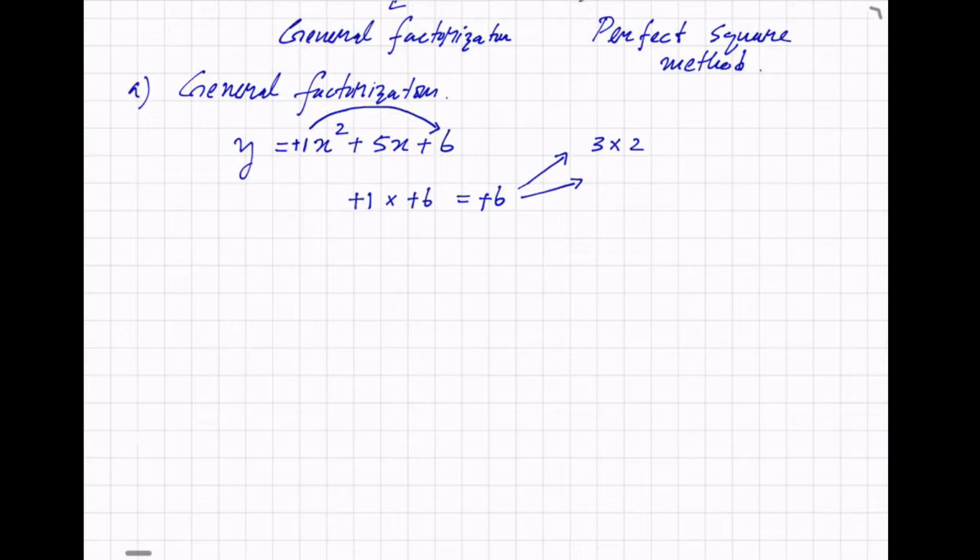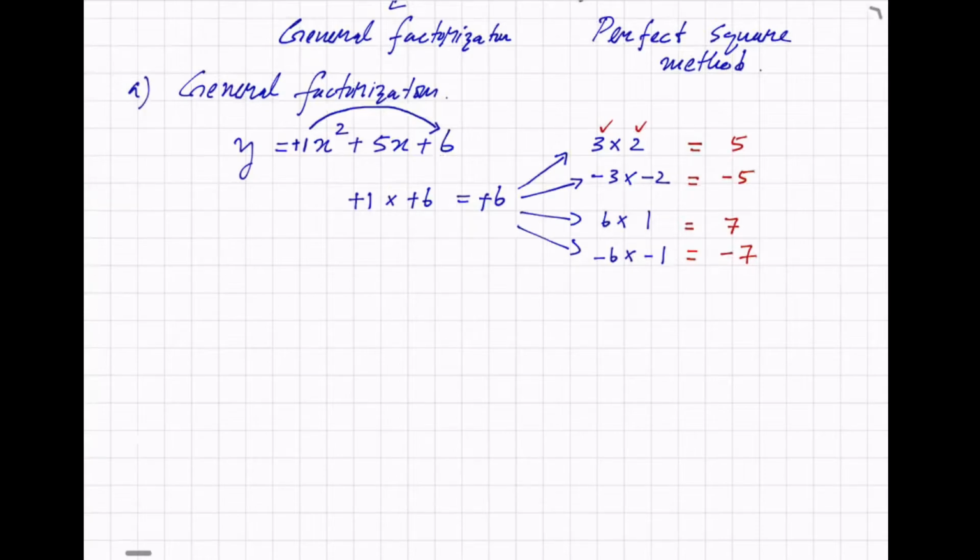Minus 3 times minus 2 is also possible, 6 times 1 also possible, minus 6 times minus 1 also possible. Once we get that, next we add these coefficients. So 3 plus 2 is 5. Minus 3 minus 2 is minus 5. 6 plus 1 is 7. Minus 6 minus 1 is minus 7.